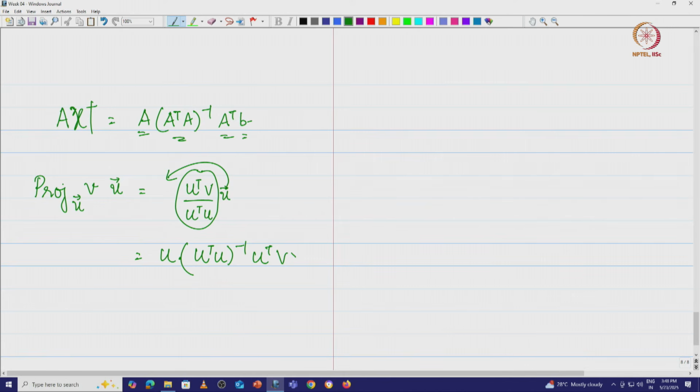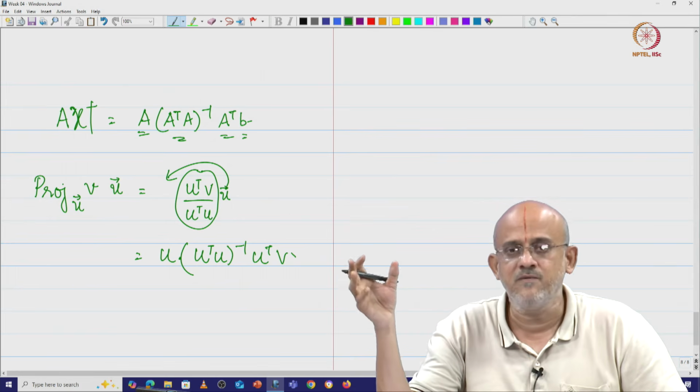Now, why did we even look at this? This idea of pseudo inverse comes in handy when we try to fit whatever polynomial that you have for a set of data points.